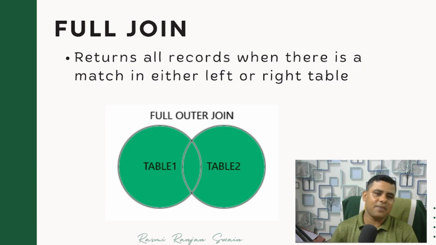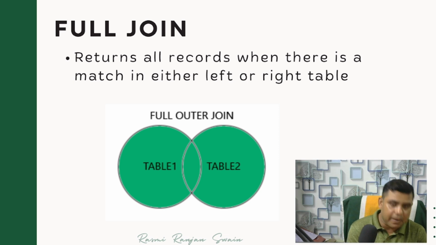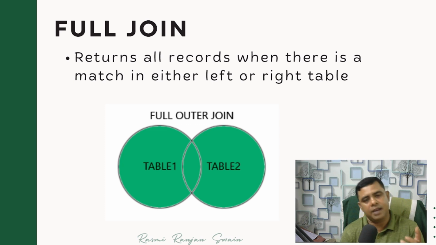Now we'll come to the full join. In a full join it is combining the two tables, merging them, so it will extract all the data from table A and also from table B, even where there is no matching record.